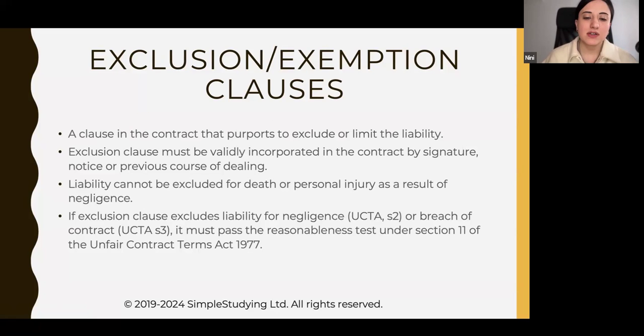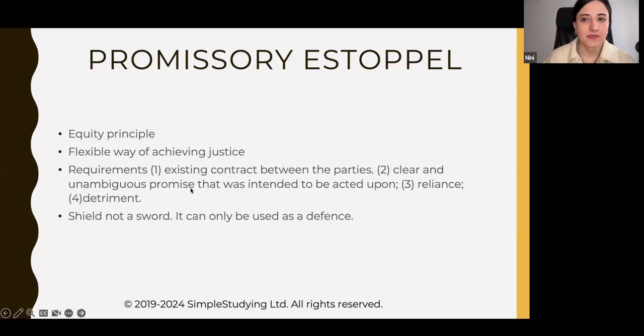And that was written in Section 1 of the Unfair Contract Terms Act. Section 2 is about negligence. Section 3 is about breach of contract. And both sections say that if they try to exclude liability for negligence or breach of contract, it must pass the reasonableness test. If it's unreasonable, then it will be excluded.